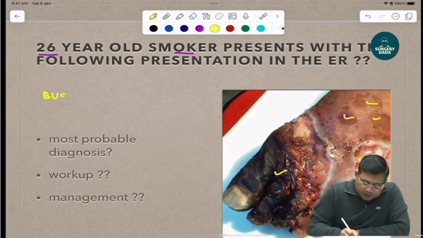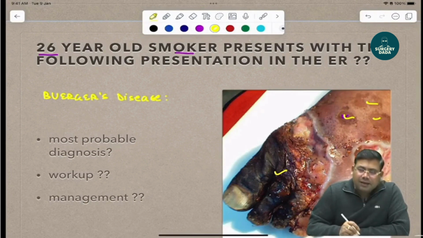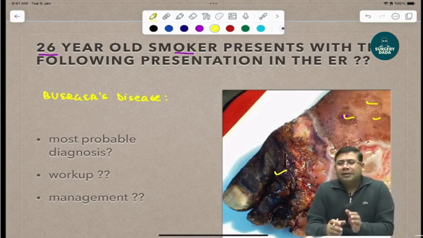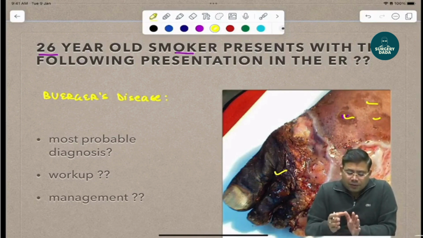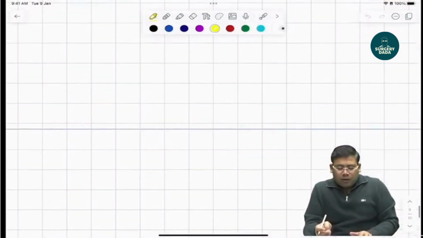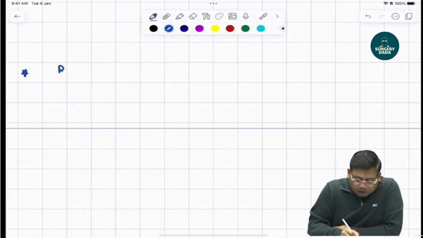So what is the classical concept of Buerger disease? Buerger disease is a vasculitis causing peripheral arterial disease related symptoms, and this is mostly due to smoking. This is very important. So when we talk about the diagnosis of Buerger, what is the concept?